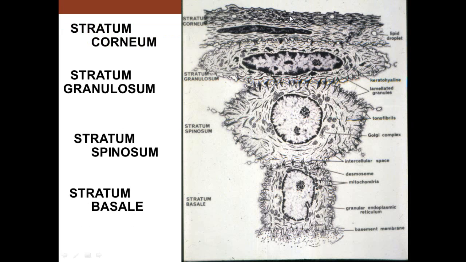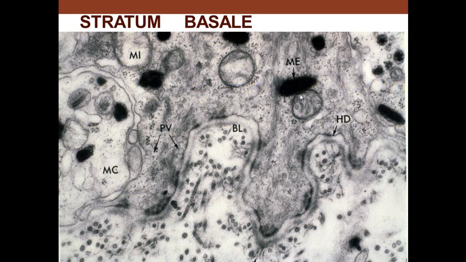So stratum corneum, the stratum lucidum up there, stratum granulosum. You can see the granules in through there. Stratum spinosum, where you have the desmosomal connections, and the stratum basale, which is a mitotically active portion. So all these cells are differentiating, divide here, differentiating, and ultimately sloughed off at the top.